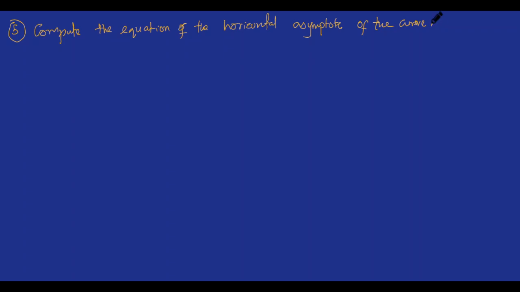We are asked to compute the equation of the horizontal asymptote of this curve: y is equal to 2x minus 1 divided by x plus 2. So we're asked to find the horizontal asymptote of a function.